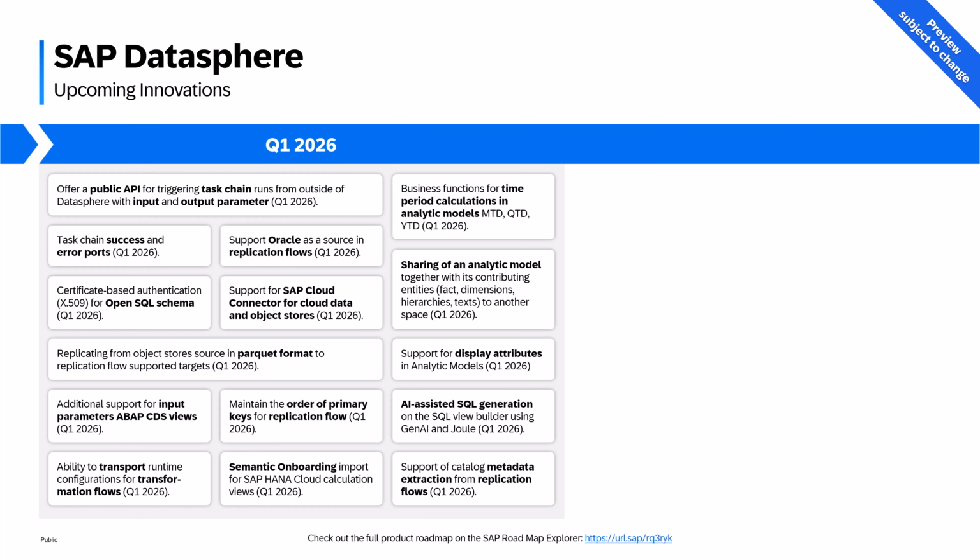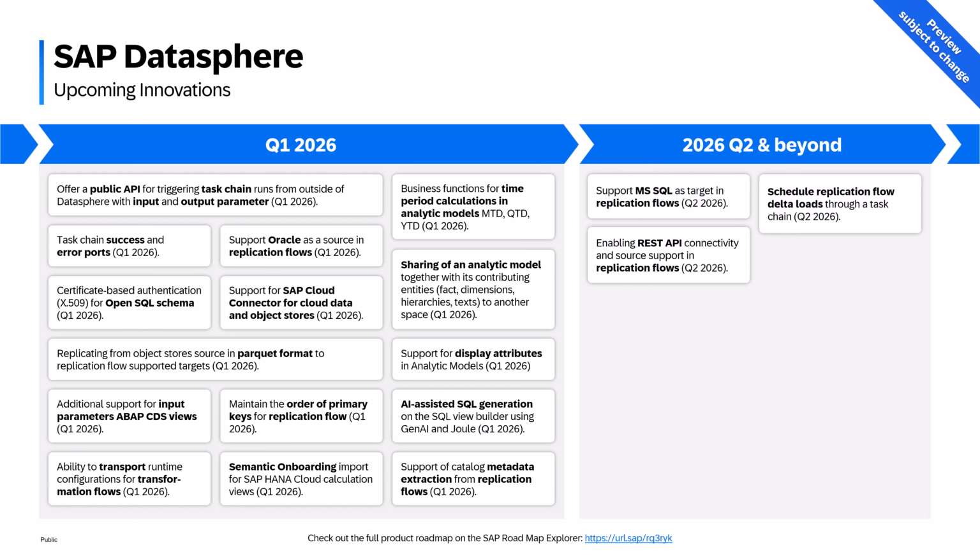On the semantic onboarding side, we want to enhance that feature also for calculation views coming from HANA Cloud, and metadata extraction for replication flows will be an enhancement for the catalog component.